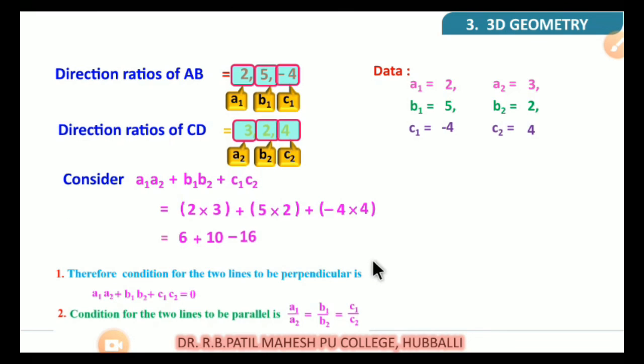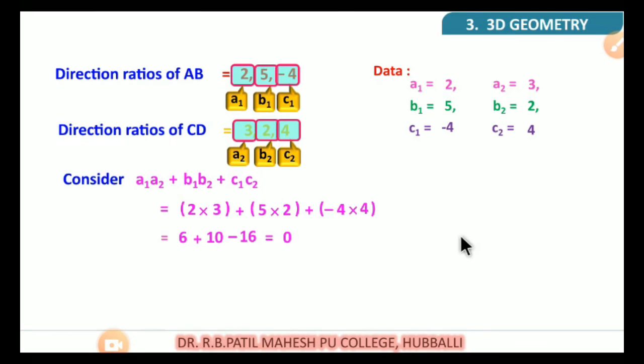After simplification this is equal to 0, because 6 plus 10 is 16, minus 16 is equal to 0. Therefore the condition is proved. Therefore AB is perpendicular to CD. So this is how to prove the perpendicularity condition for two lines.